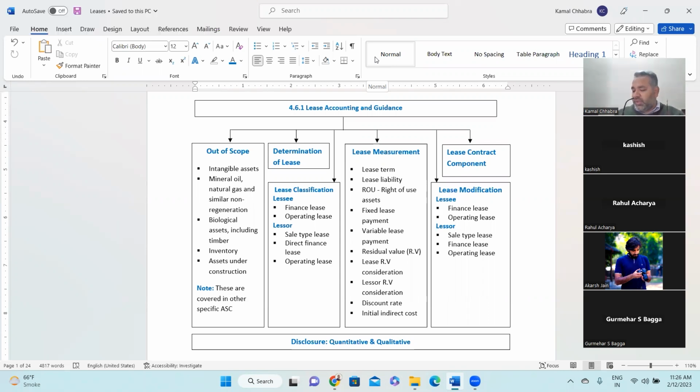And if you see the other side, a variable agreement, if I say there is machinery you take on lease. Sometimes a big construction company hires a JCB machine, or you can say a mixture machine on lease. Those come on a usage basis: how much you will be using it, how many miles you'll be using it, how much mixture you'll be making.